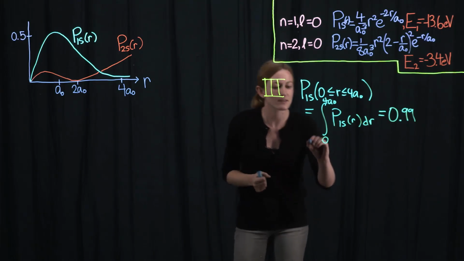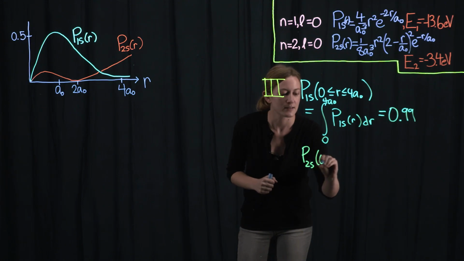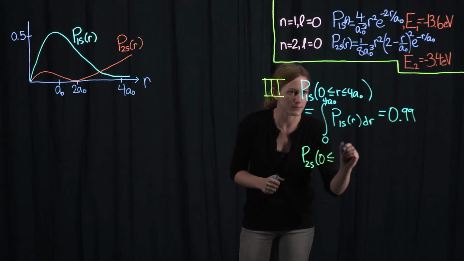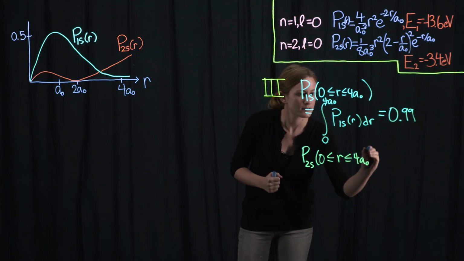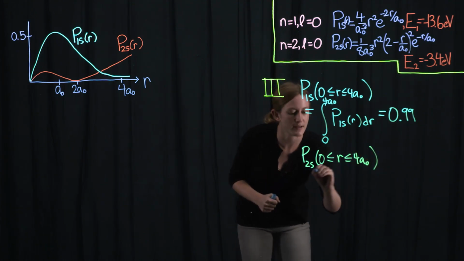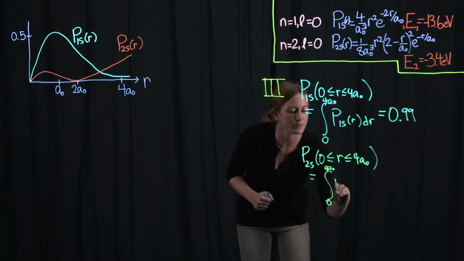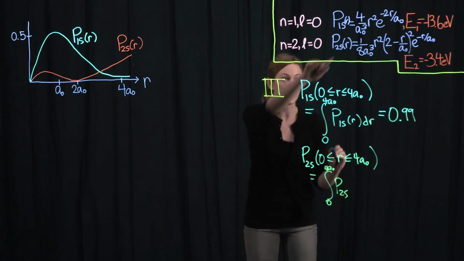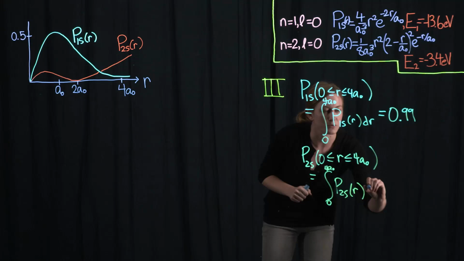For the 2s state, we can calculate the probability, again, by integrating the appropriate probability density. So this is given by the integral from 0 to 4 a naught of P2s, which again I've written right here. And again, this integral requires integrating by parts a few times.